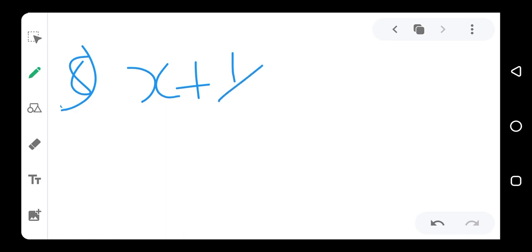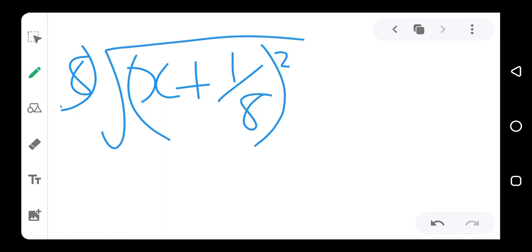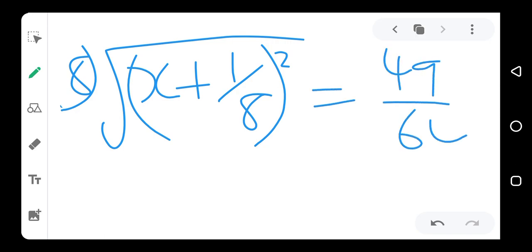In step 8, we find the square root of both sides. Now the square root of x plus 1 over 8 squared is equal to the square root of 49 over 64.